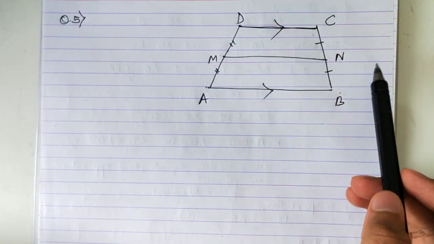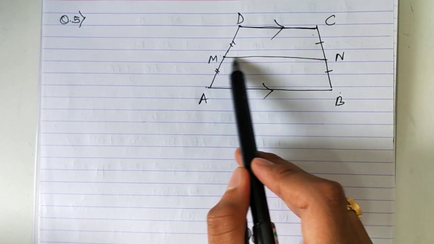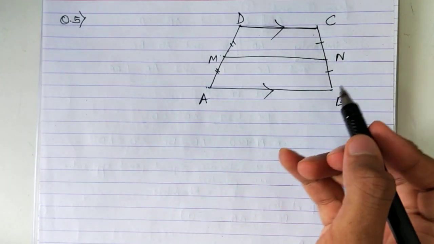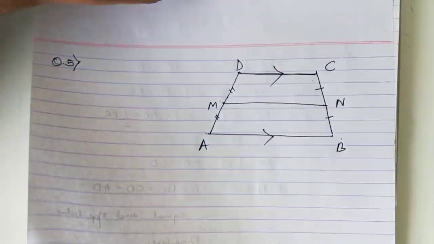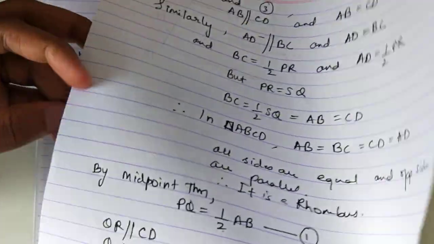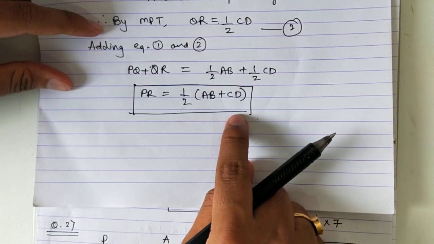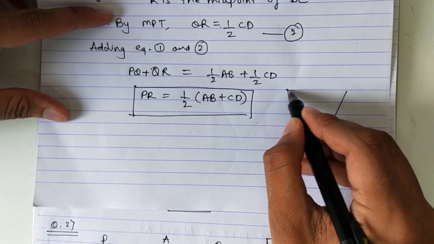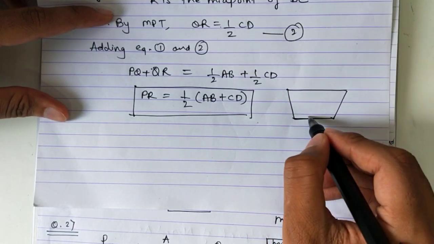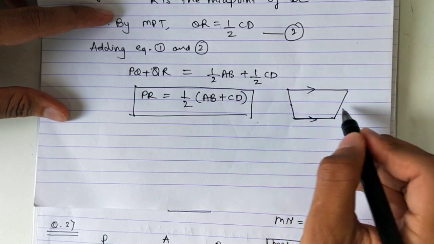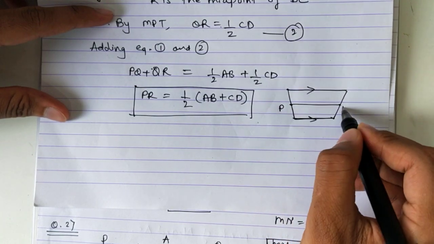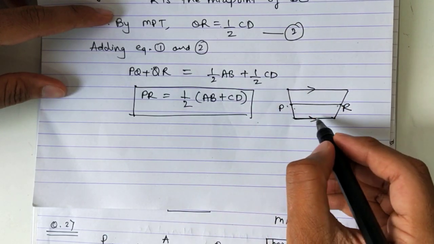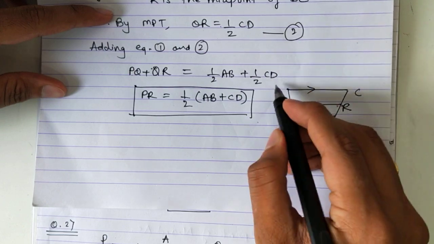What is the formula for these type of questions where you have a trapezium, midpoints are joined like this? So the formula is what we proved here. See, we proved this in the previous question. So the previous question was this, where you had these two lines parallel, okay, and you proved that this line passing between, this line PR, is half of AB plus CD.